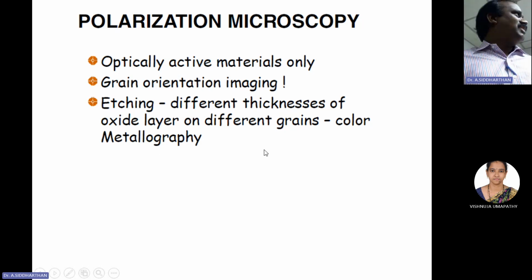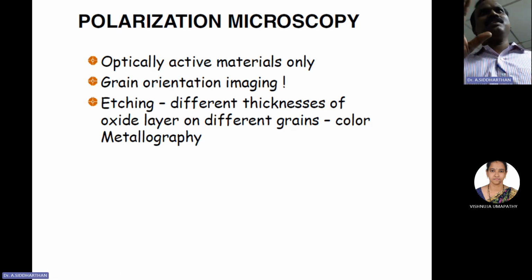Sometimes, for an isotropic material, if you make an oxidation, the metal is made to oxidize. It forms an oxide film. But the oxide film thickness will not be the same on different grains. In certain grains it will be thicker, in certain grains it will be less, because of diffusion differences on different planes.